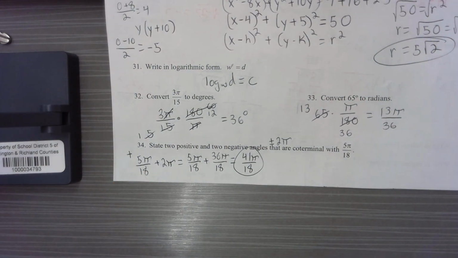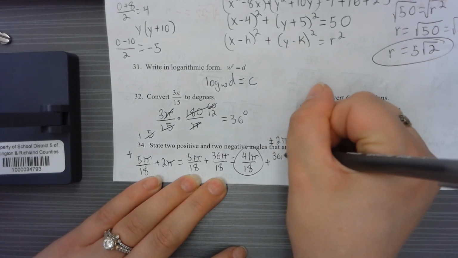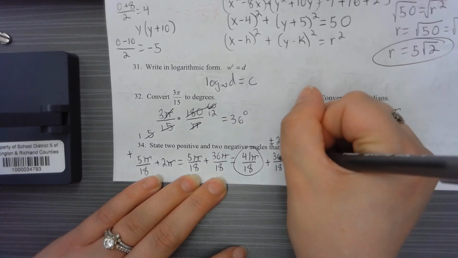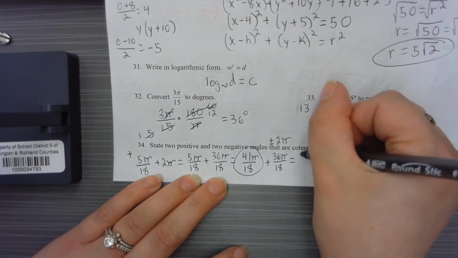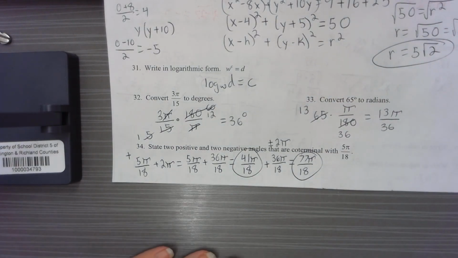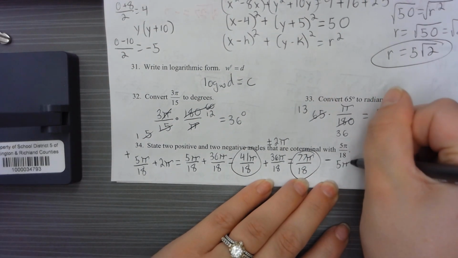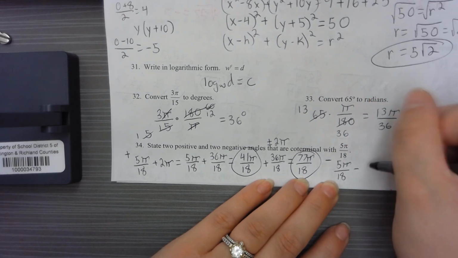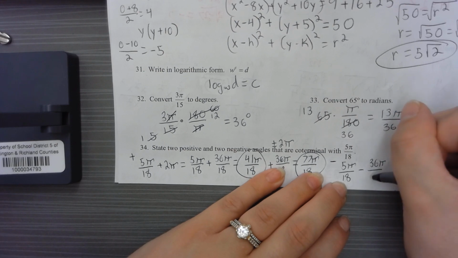To find the next one, I would add 2 pi again, so I would add 36 pi over 18 again. That would give me 77 pi over 18. So these would be two positive ones. Then to find the negative ones, I would take 5 pi over 18 and subtract that 2 pi, or 36 pi over 18.